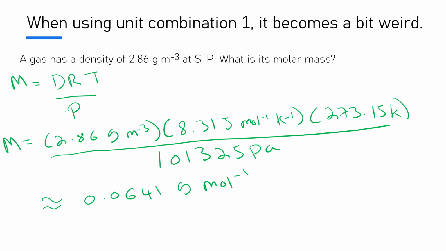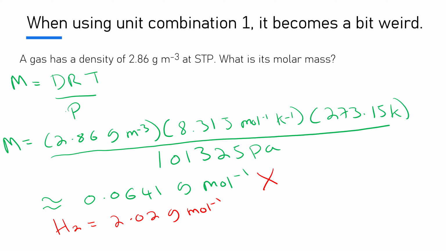Unfortunately, this answer is not possible because the lowest possible value we could have for molar mass is that of hydrogen, which is equal to 2.02 grams per mole, because the relative atomic mass of hydrogen is 1.01 to three significant figures, and we must multiply it by 2 to account for the fact that it's a diatomic molecule, and therefore it has a molar mass of 2.02 grams per mole.